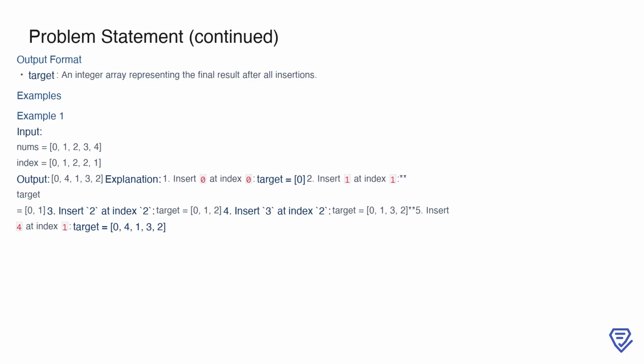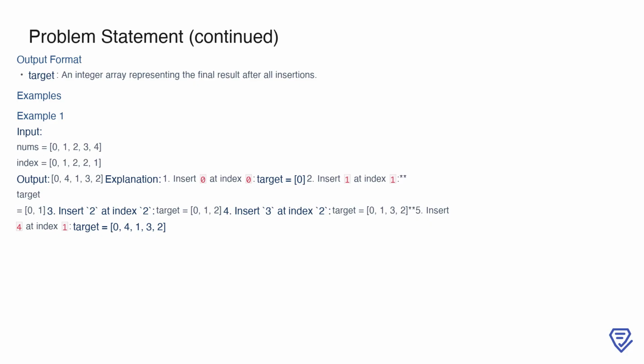Let's consider an example to understand this better. For nums equal to 0, 1, 2, 3, 4, and index equal to 0, 1, 2, 2, 1, the procedure is as follows. First, insert 0 at index 0, which gives us 0. Next, insert 1 at index 1, resulting in 0, 1.